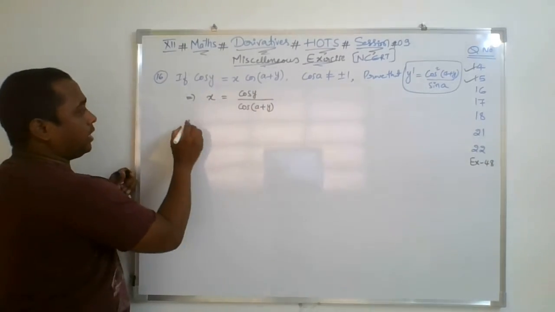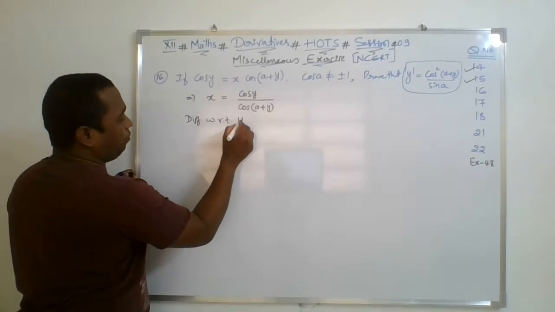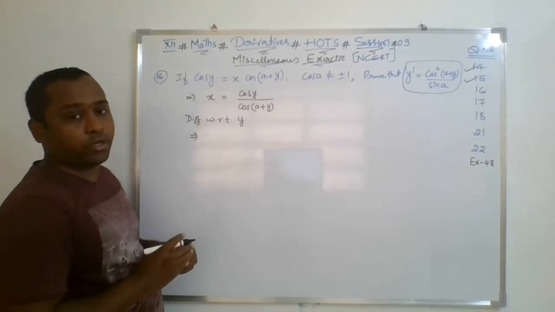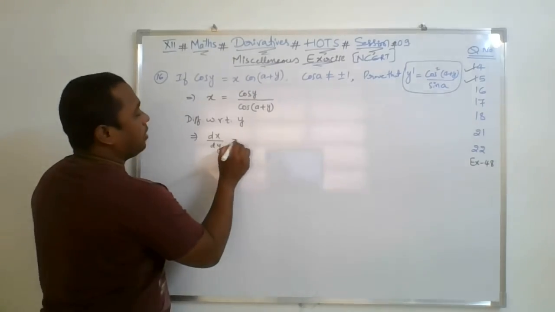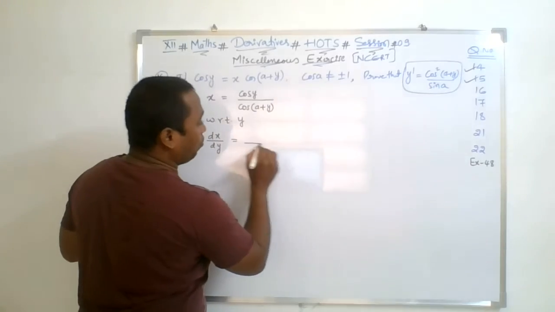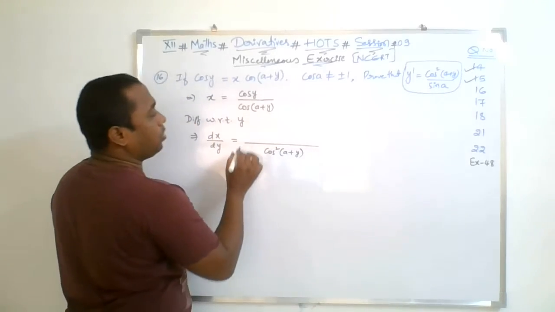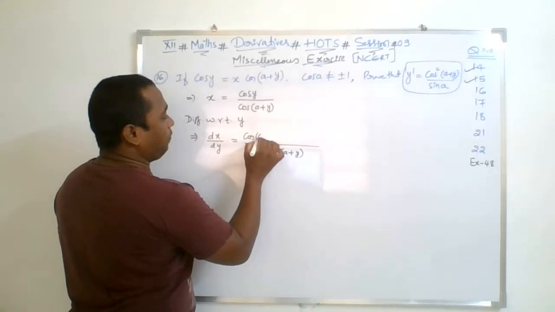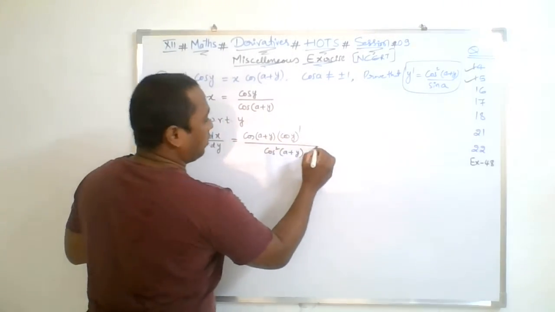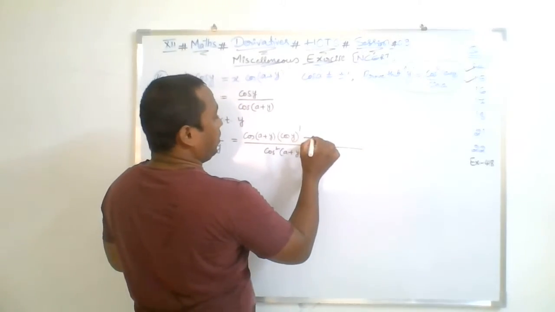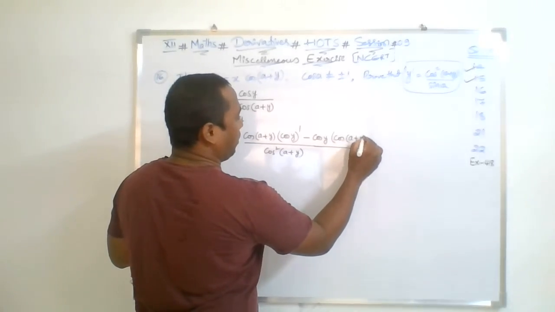So if I convert like this, now I am differentiating this equation with respect to y. If I do the derivative of this function with respect to y, dx by dy is equal to, apply the quotient rule over here: cos of (a plus y) into the derivative of cos y, then minus cos y into the derivative of cos of (a plus y).